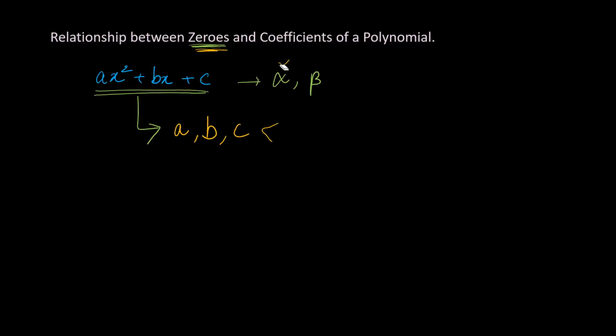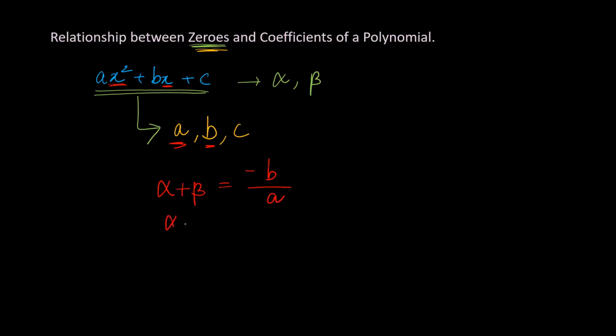Now let us see how they are related. Say we have alpha and beta. There are two things: the sum of the zeros is minus the coefficient of x, which here is b, so minus b, divided by the coefficient of x square, which is a, so minus b by a.